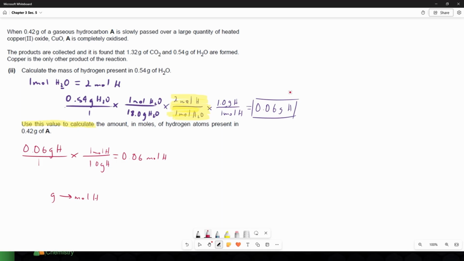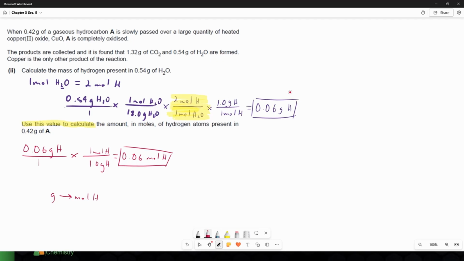So use this value to calculate the amount in moles of hydrogen atoms present in 0.42. Well, that's pretty much it. That's the amount in moles of hydrogen atoms. So that is what our final answer would be.